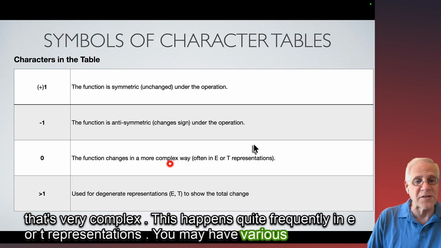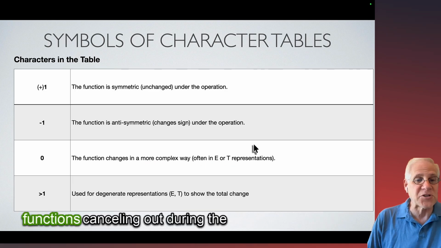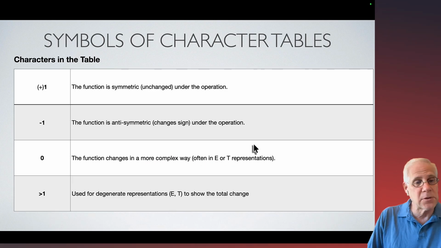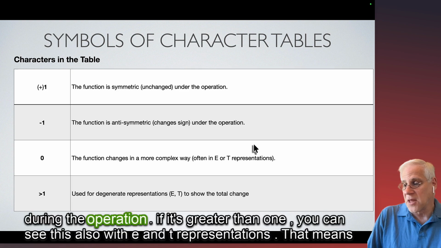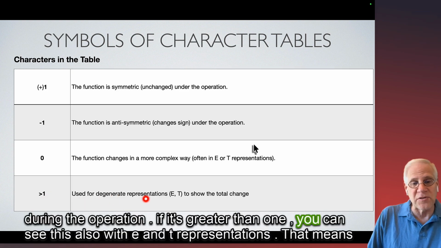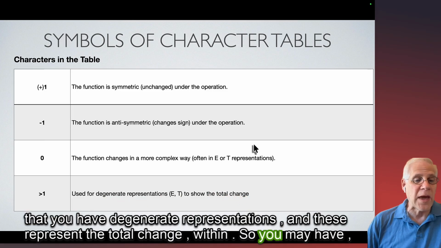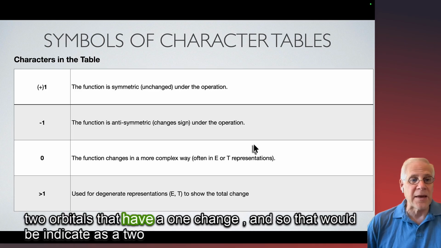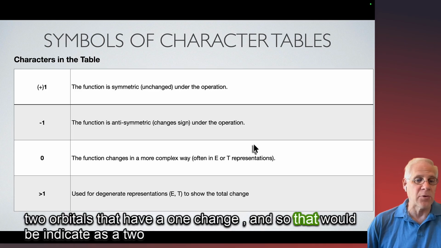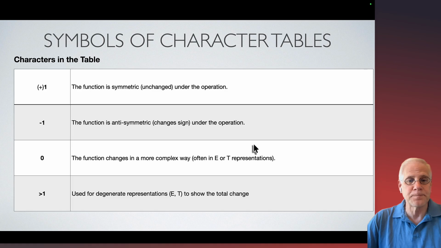You may have various functions canceling out during the operation. If it's greater than 1, you can see this also with E and T representations. That means that you have degenerate representations, and these represent the total change within. So you may have two orbitals that have a 1 change, and so that would indicate as a 2.